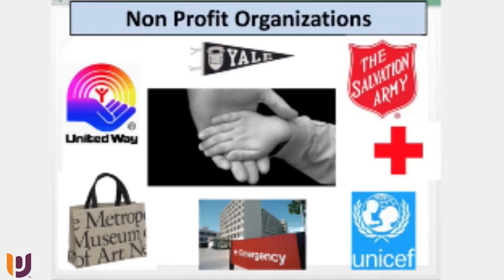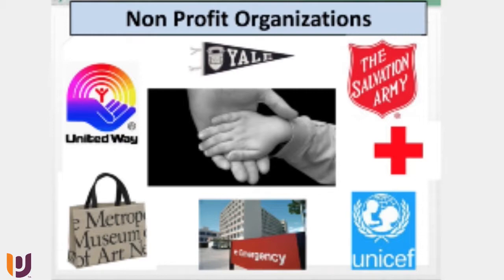Some of the resources given to a not-for-profit organization include donor-imposed restrictions. And 3. No single indicator of success is present, such as net income.